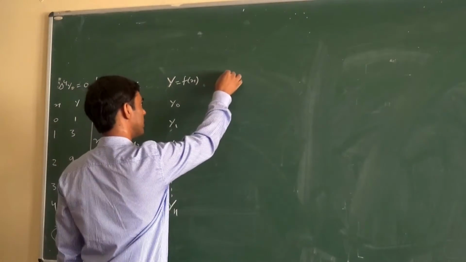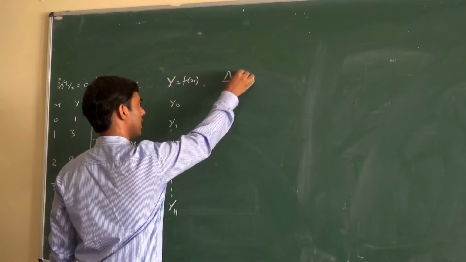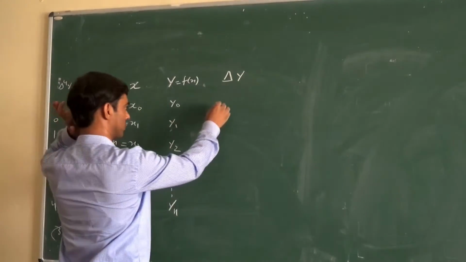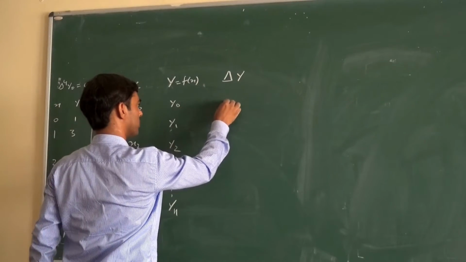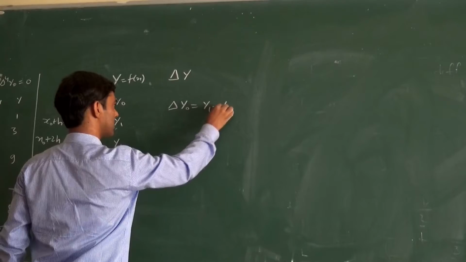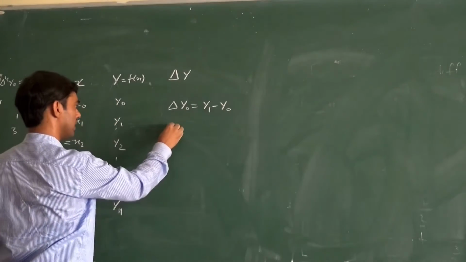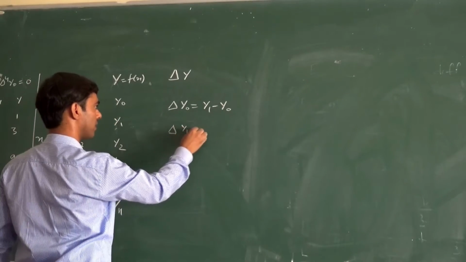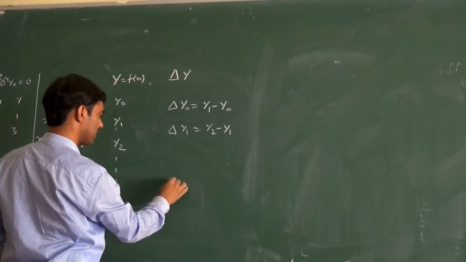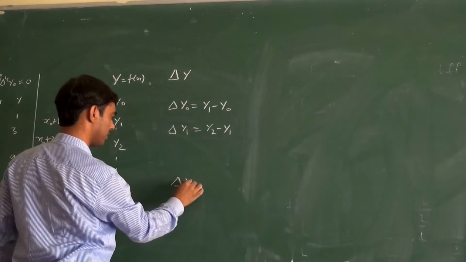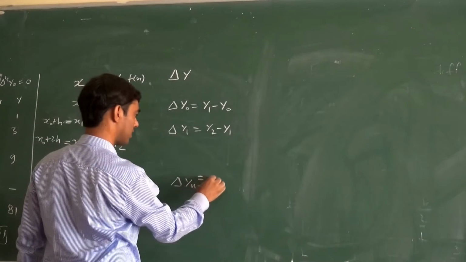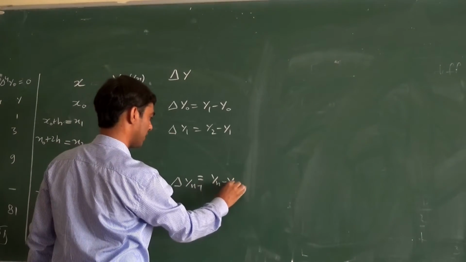Similarly, what are the first order differences? This is denoted by del y. So del y0 equals y1 minus y0. Similarly, del y1 equals y2 minus y1. Similarly, the last one, del y(n minus 1), equals yn minus y(n minus 1).